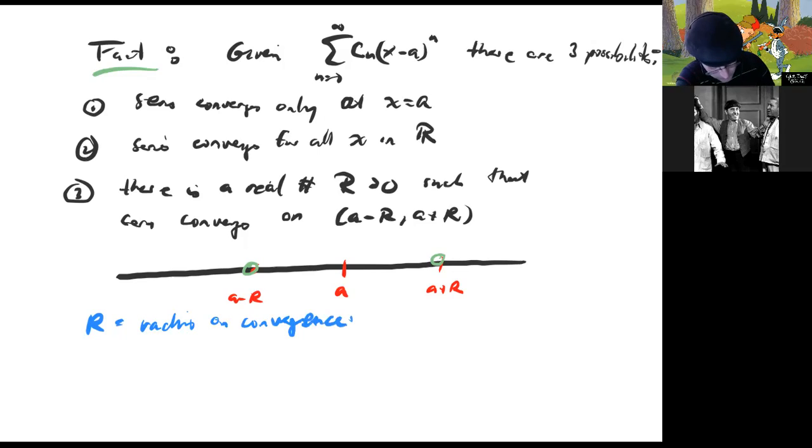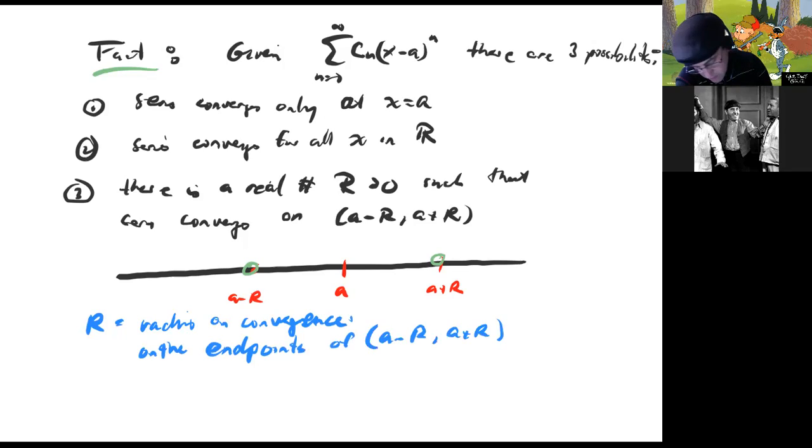On the endpoints of this interval, a minus r to a plus r, anything can happen. The series can either converge or diverge.